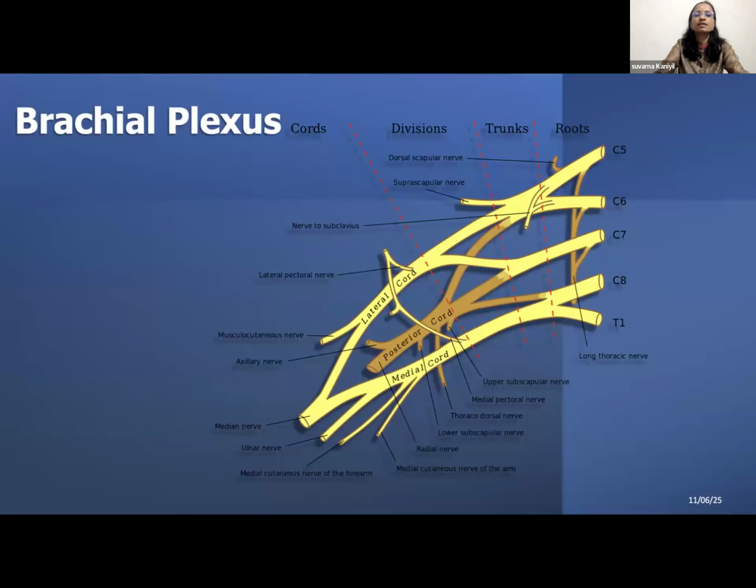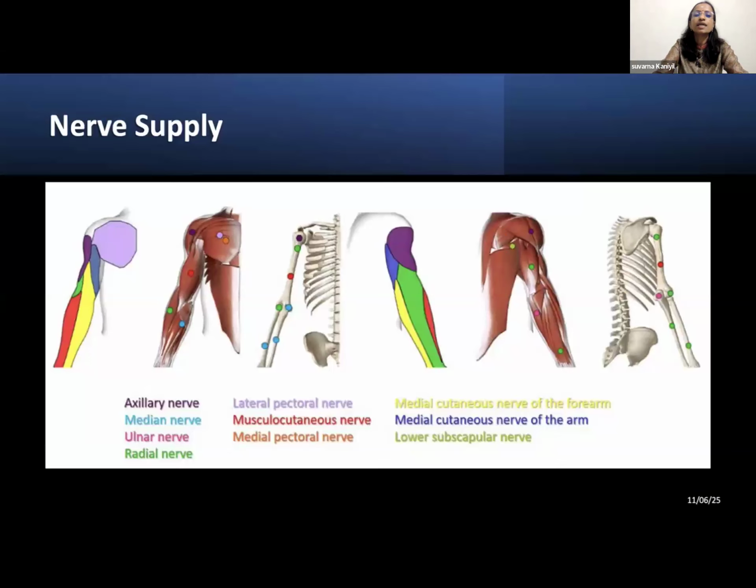We missed the detailed discussion on the brachial plexus anatomy, but you should have a thorough knowledge about it to select the various approaches for the required procedure. And you should have an idea of the dermatomal, myotomal, as well as the osteotomal coverage to select what approach is required for that particular surgery.